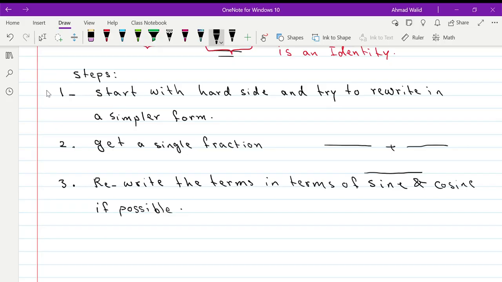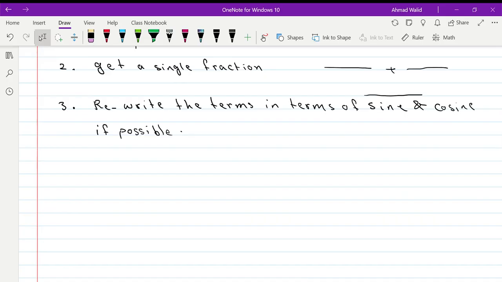Correct? Step number 4, use known identities. Known here means the ones that you learned in 5.1.